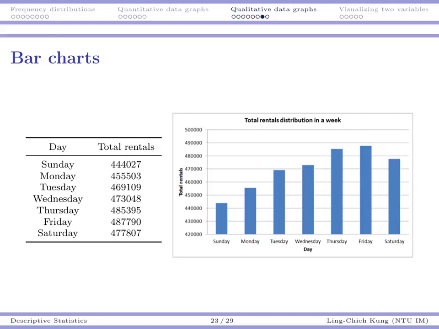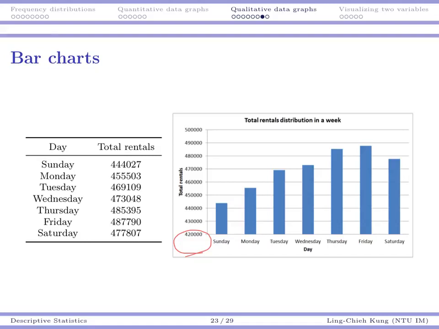Another thing that you need to be aware of is whether the axis starts at zero or not. In this particular bar chart, because we want to highlight the differences, we start our y-axis from a specific number that is not zero. We start from here. If you try it, you may draw a bar chart where the first number here is zero.